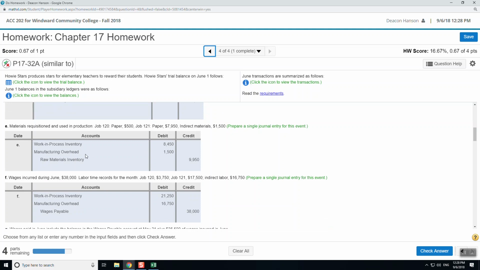Transaction E. Okay. So it says, materials requisitioned and used in production. So job 120 is going to get 500, and job 121 is going to get 79.50. Okay.